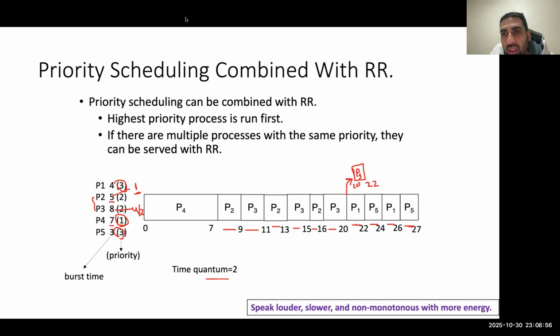So P3 would only run from 16 to 18. I think the original picture is correct. It is correct. Yeah, you are right. It is running from 16 to 20, not from 16 to 18.